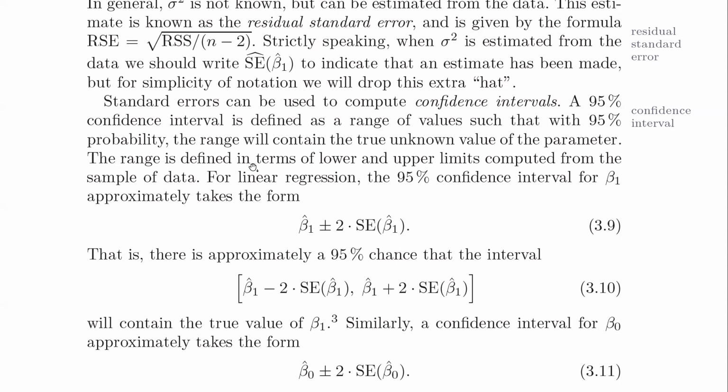The interval is defined in terms of lower and upper limits computed from the sample of data. For linear regression, the 95% confidence interval for beta 1, this is what we're trying to estimate, approximately takes the form with this plus or minus.